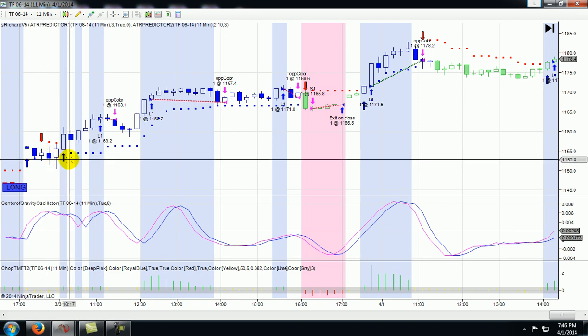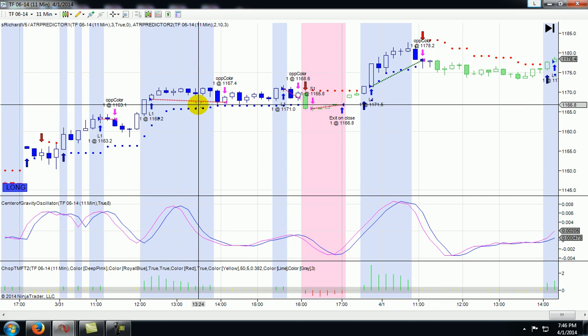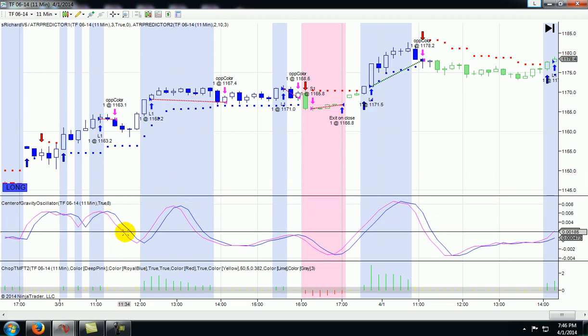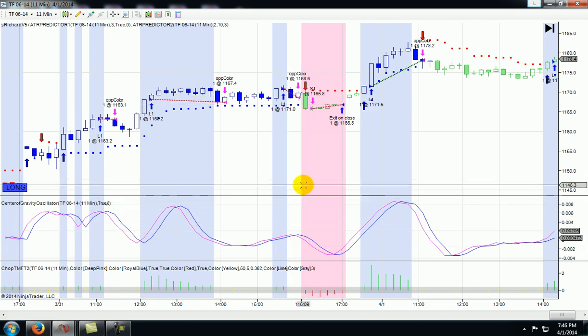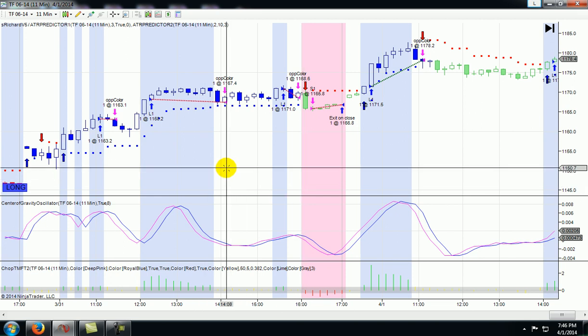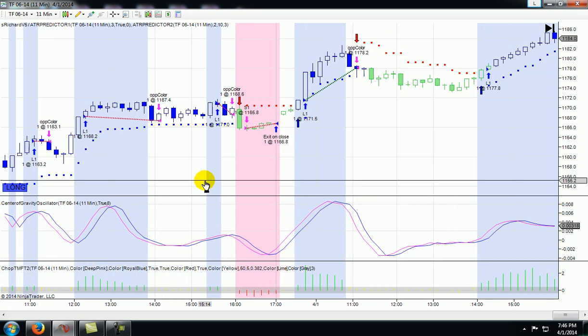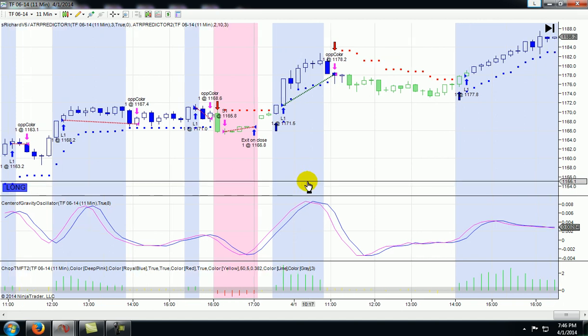This ATR code does not need to be optimized, as far as I know, in the fashion that I have to optimize this center of gravity. I'm in the process of trying to marry these two codes together, if you will. So I'll show you why here in just a minute.